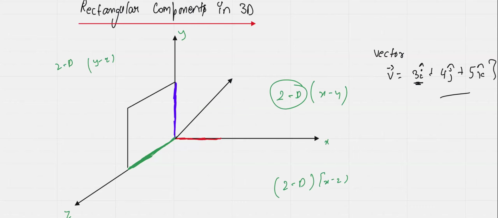Seems good. It's fine actually. From here you can see this, and the last one is this thing.